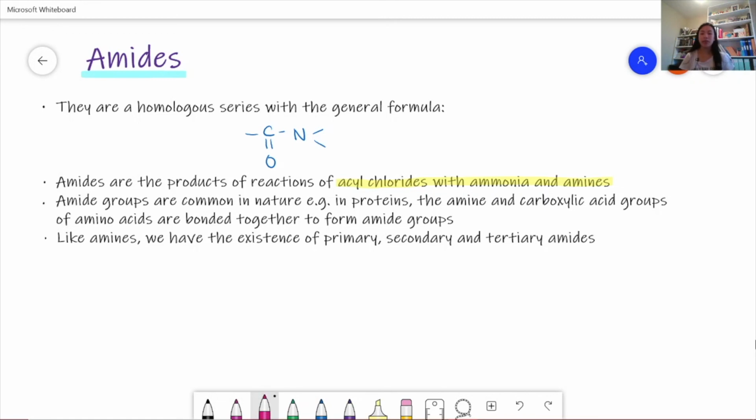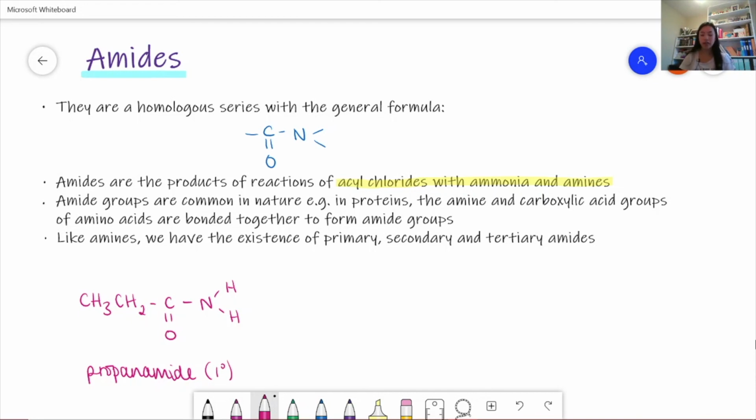For example, for a primary amide, we could have propanamide. So we'd have 3 carbons in the longest chain, and then a double bond oxygen, and then we have nitrogen with 2 hydrogens. And this is propanamide. As an example of a secondary amide, we could have N-methyl ethanamide.